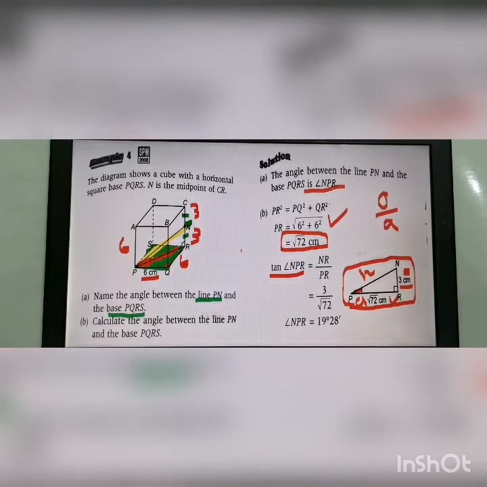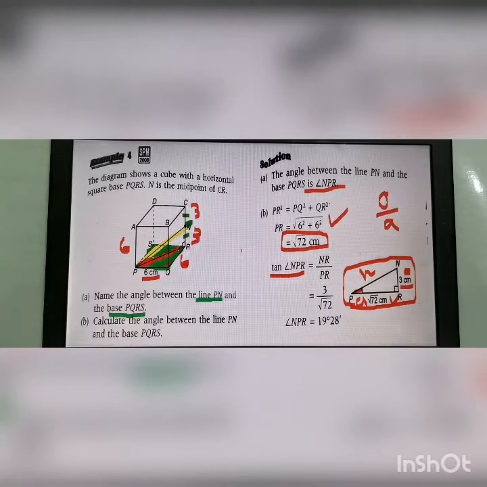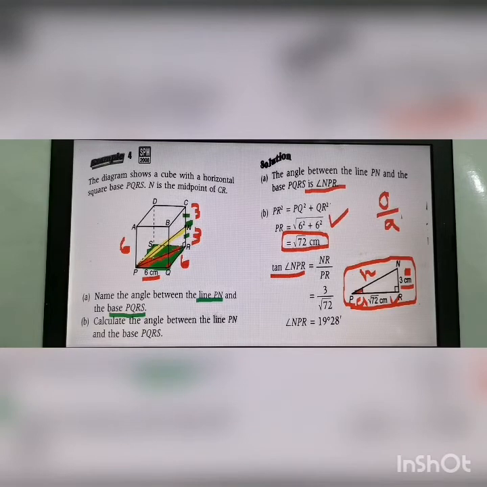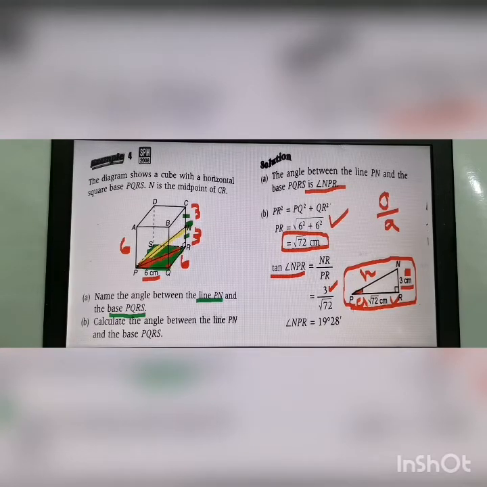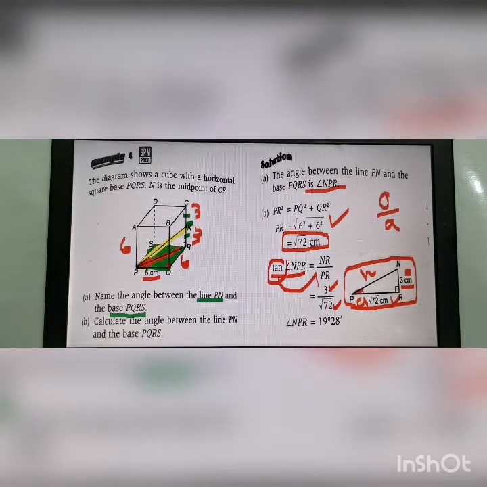Normally 90% of these questions use tangent. Because tangent is O over A, so 3 you put up here, square root 72 we put down here. Don't forget the tangent, you need to move to the right hand side.